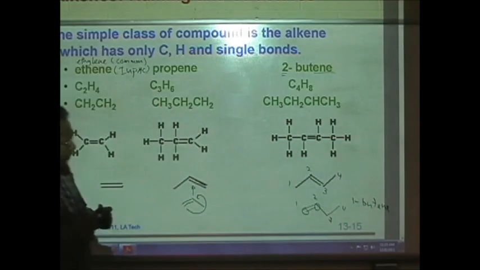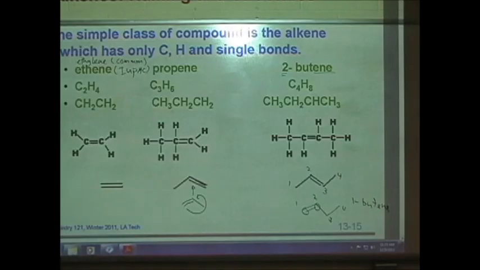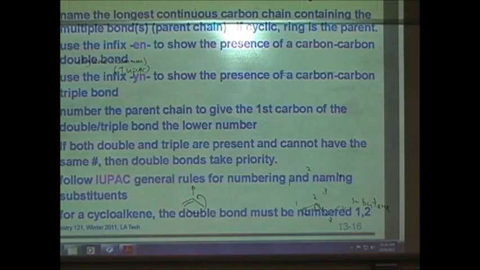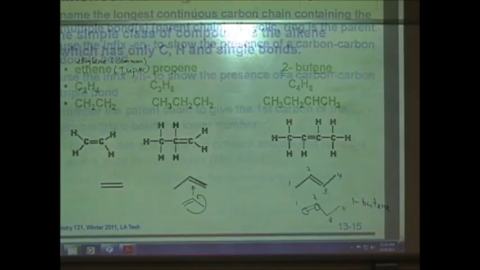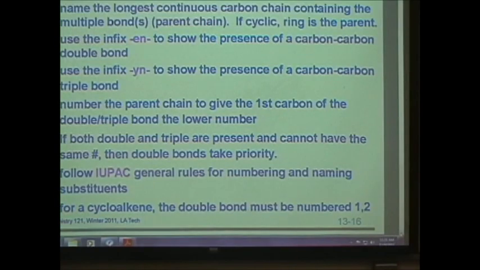All right. So you got some idea about naming. Let me go back to IUPAC naming here. What they're talking about is this: alkane, right? The whole idea is at the end alkene has ene, okay? Alkyne has yne, right?